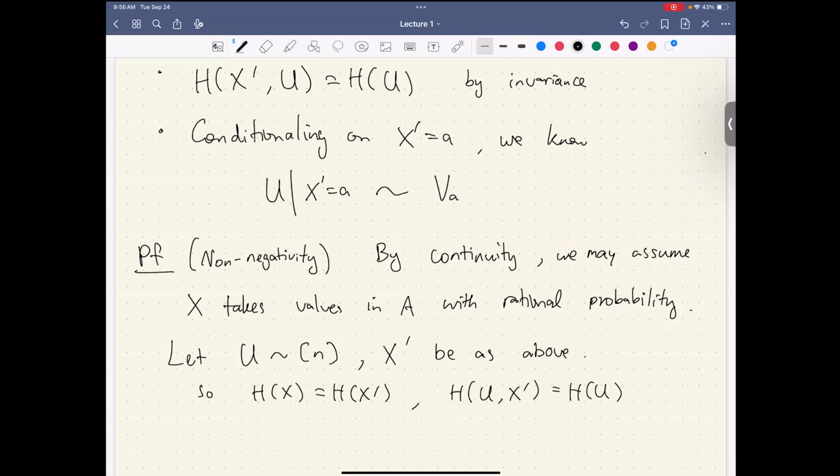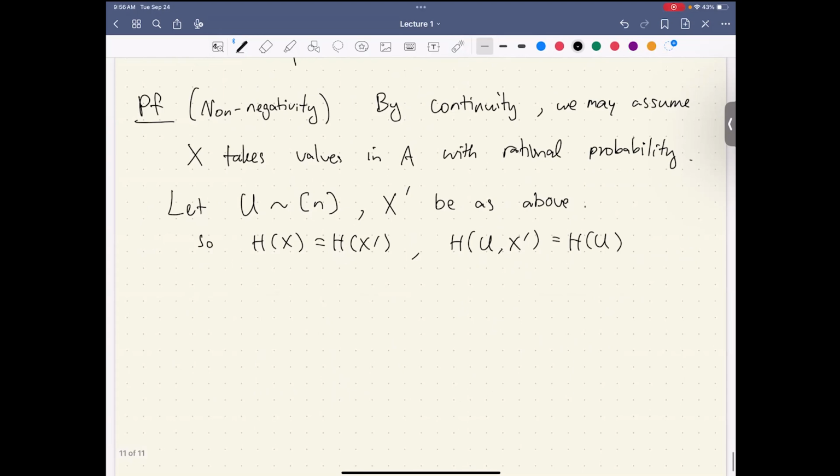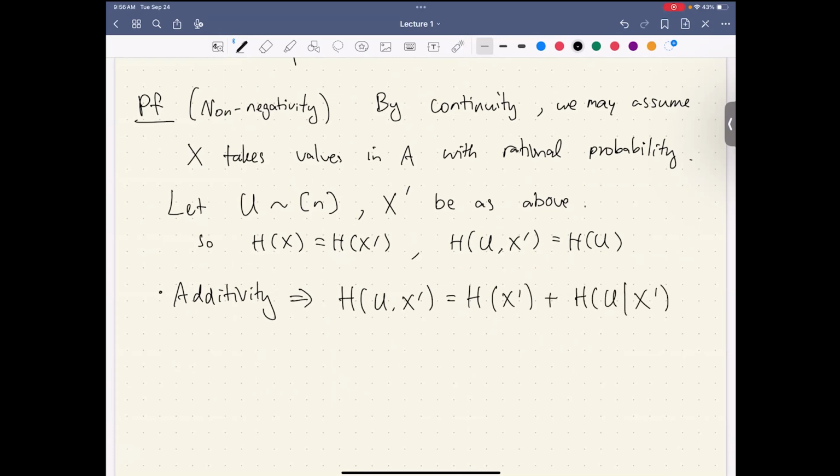Okay. Now, let's use additivity. Additivity says the joint entropy of these two equals H of X prime plus H of U given X prime.